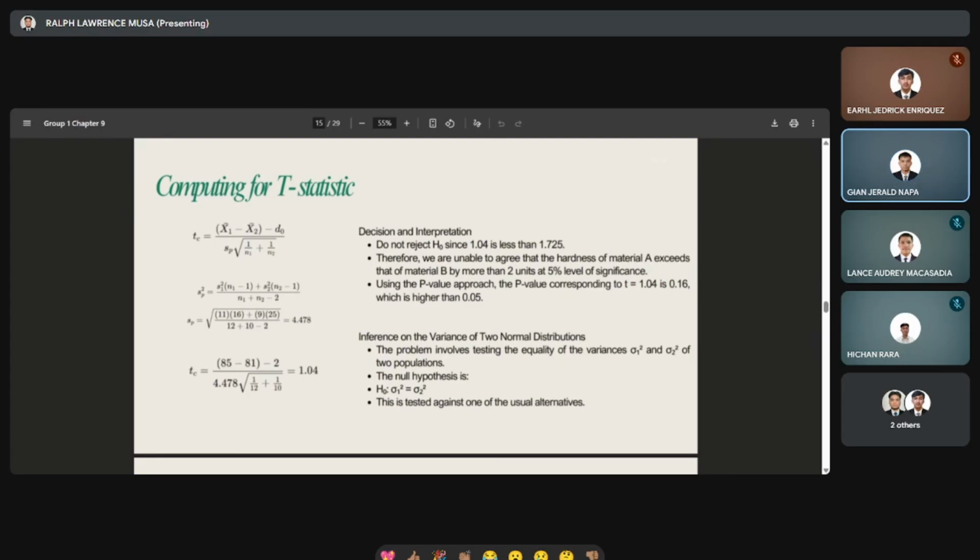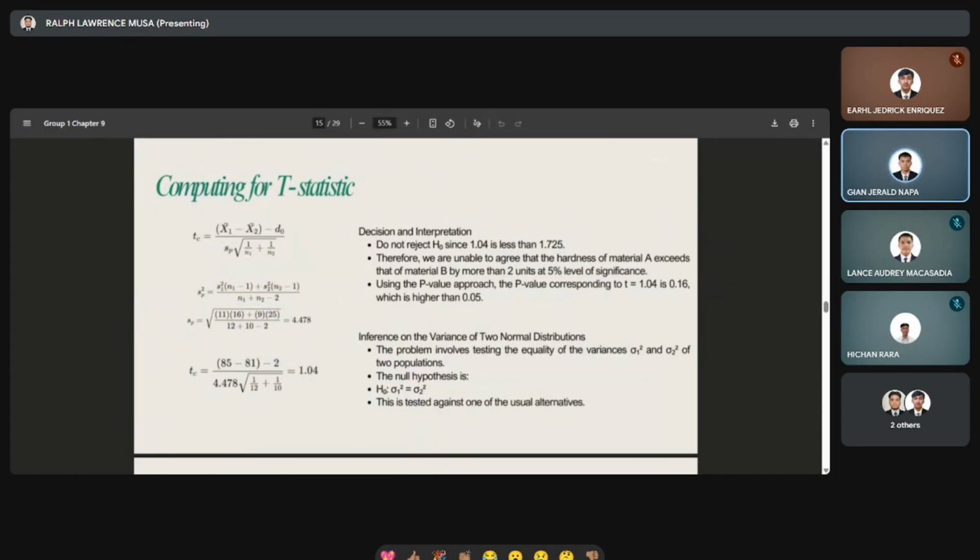After plugging in the values, we have 85 minus 81 minus 2 over 4.478 times the square root of 1 over 12 plus 1 over 10. We have a t sub c of 1.04.